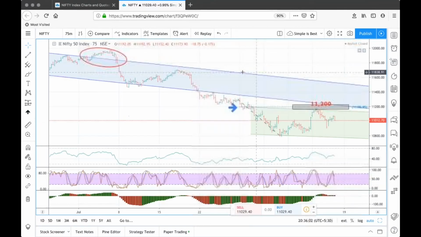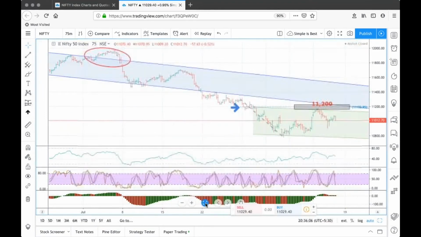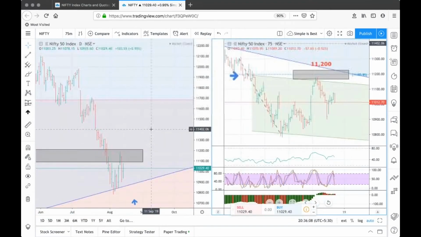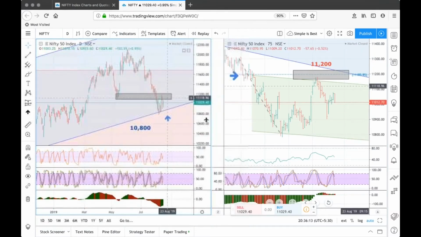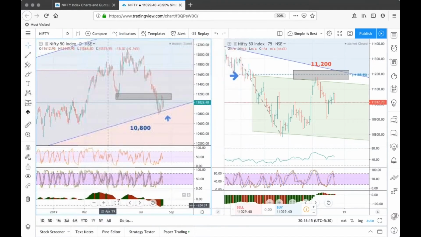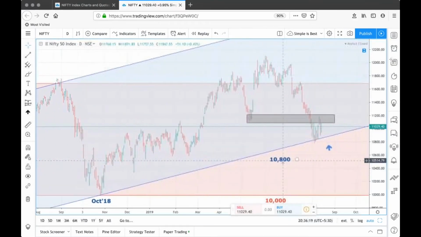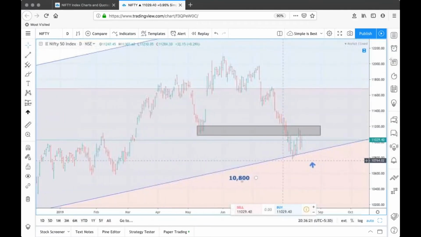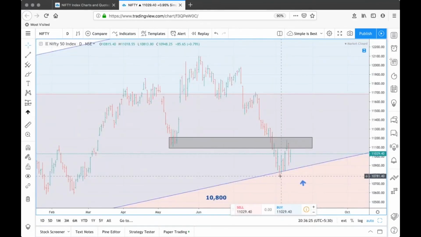So what if the market crashes? What if? Let's talk about the worst case scenario first. So this is back to the daily chart, all right? And this was the last low of 10,784, 810.